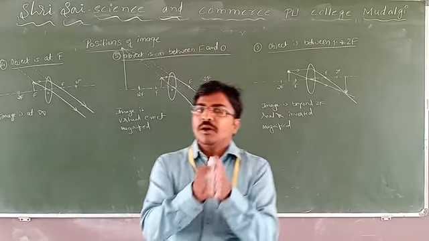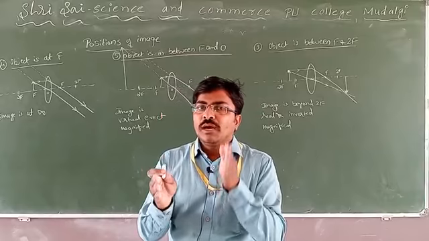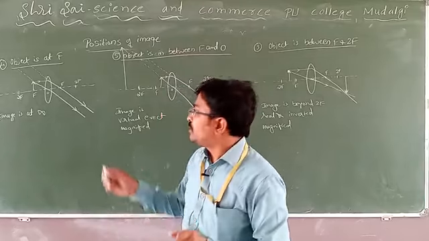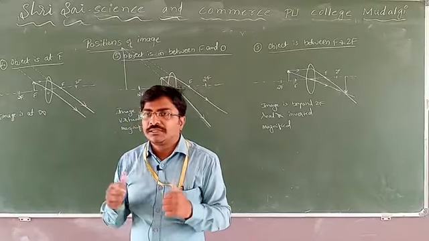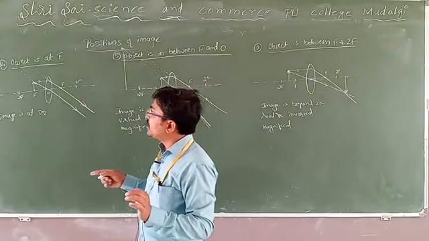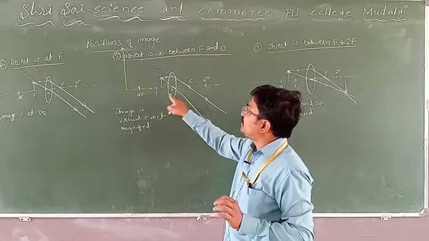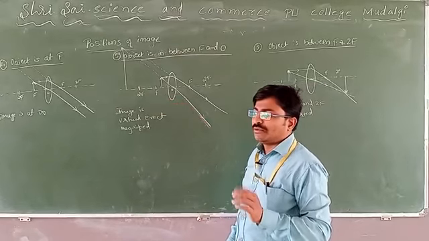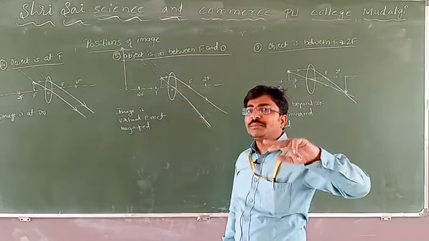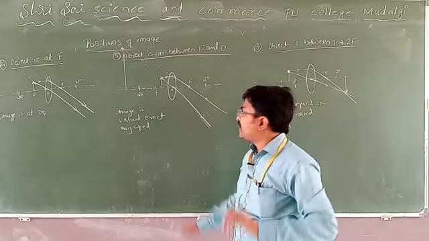We can find the virtual and erect image when the object is in between O and F. Similarly, the image is formed at infinity when the object is kept at F.